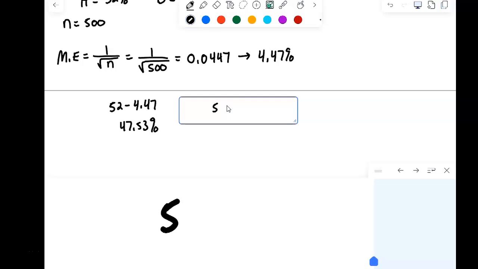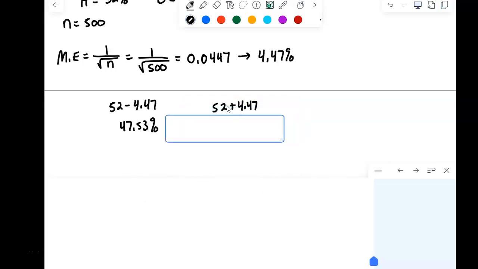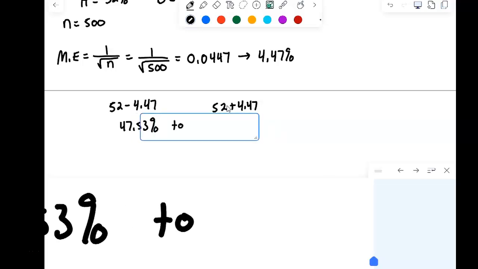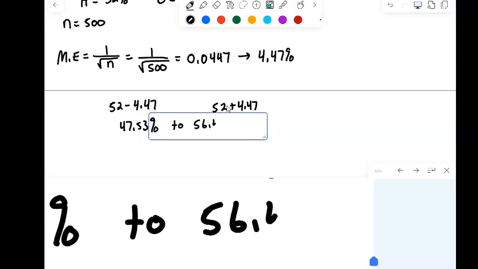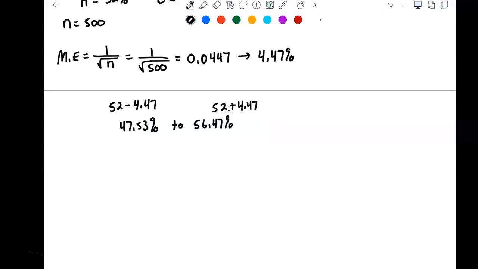To 52 plus that. That one's a little easier. That's just 56.47%. So most likely the actual percentage for the leading candidate is somewhere between 47.5 to 56.5, roughly.